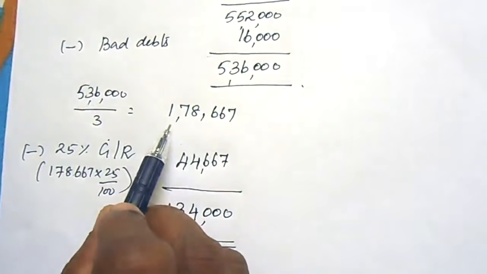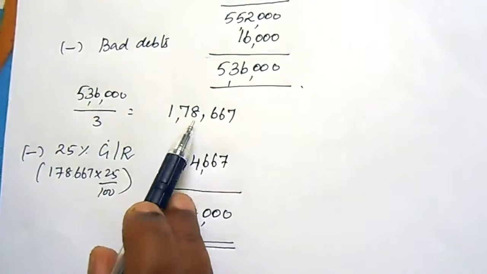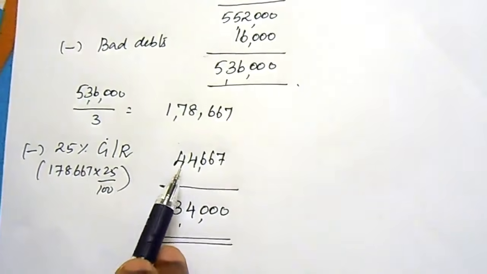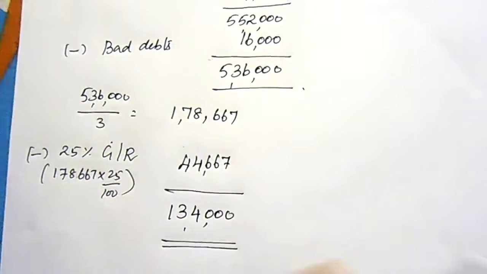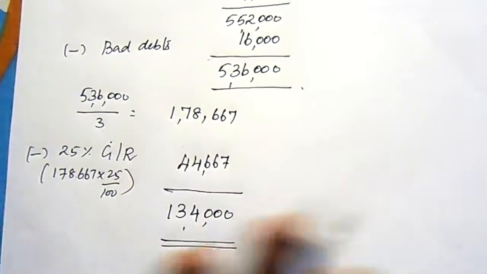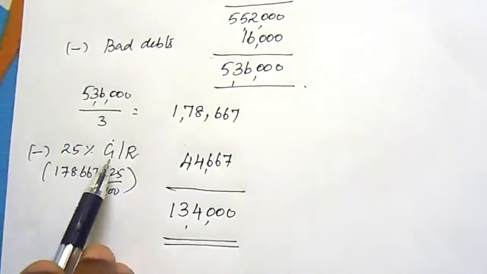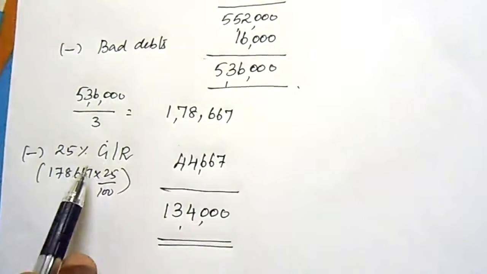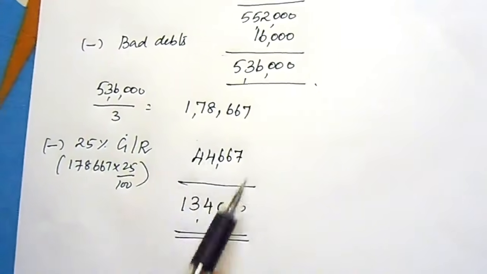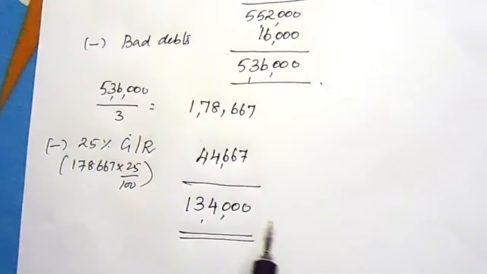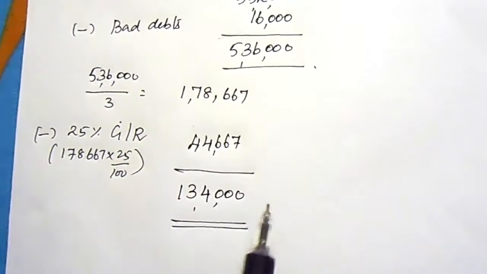This is the average profit, and from average profit you have to subtract general reserve and tax if any. According to this problem, taxation is totally ignored, so you need not worry about that, and you have to subtract 25% for general reserve, which is given in the adjustment. That is 25% of average profit. The remaining amount is called profit available for equity dividend.